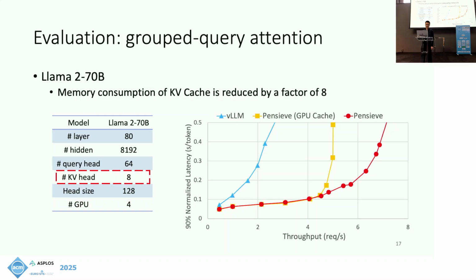The next experiment is on grouped-query attention, which is a technique that reduces the size of the KV cache by a factor of the number of KV heads, which is 8 here. In this case, we achieve an even bigger improvement than the previous setups. It shows that Pensieve is more effective when the per-token KV cache size decreases, which is a general trend we see today.